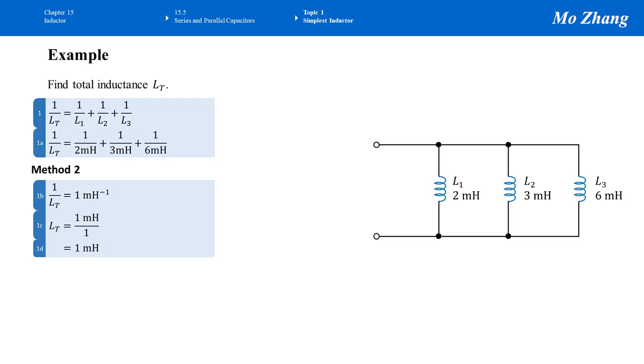To me, I prefer the second method. It's easier. During the calculation, we don't need to worry too much about the unit. Once we calculate the final answer, we put the unit at the end. One thing to make sure of is that we align all the prefixes, which means all terms have the same prefix. For example, at step 1A, for this question, all numbers have the same prefix, which is milli.